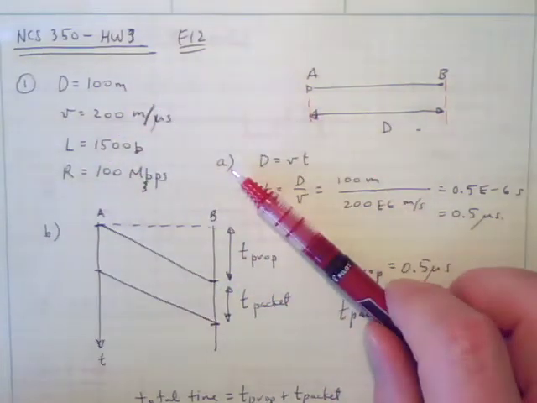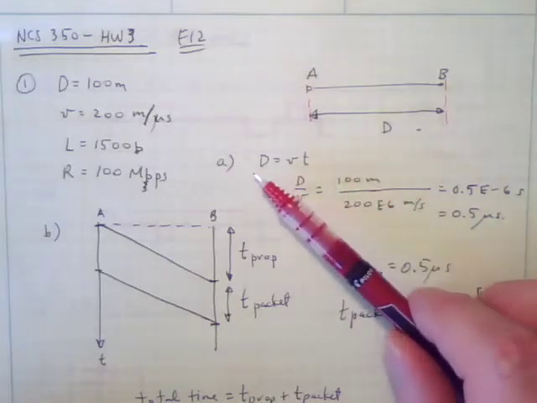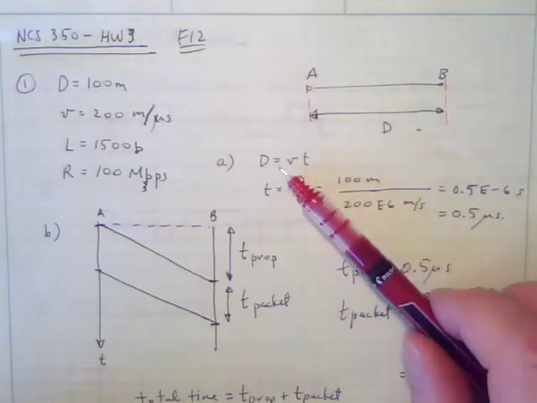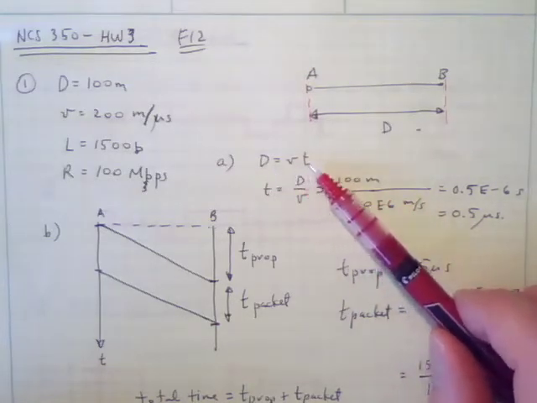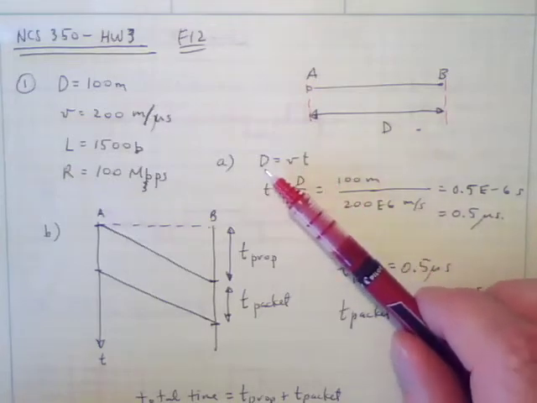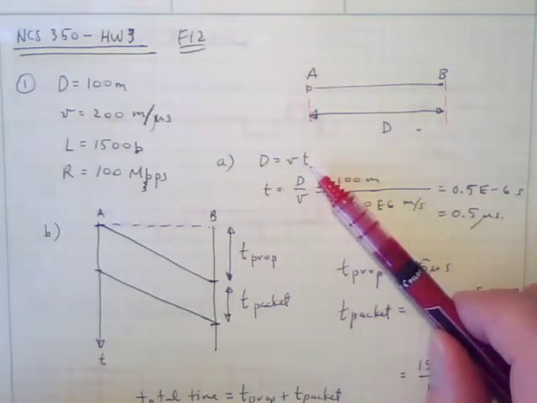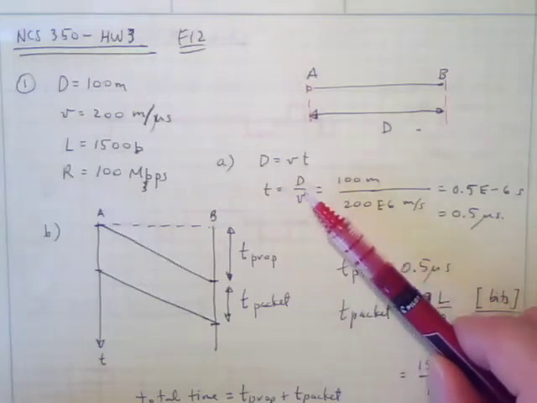For part A, the time taken is a simple distance equals velocity times time problem. So d is equal to vt, and t is the distance divided by the velocity.